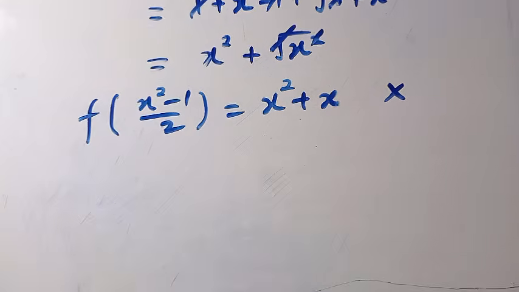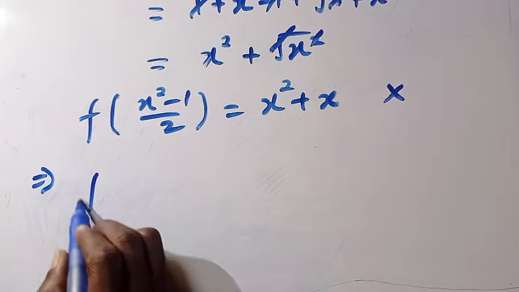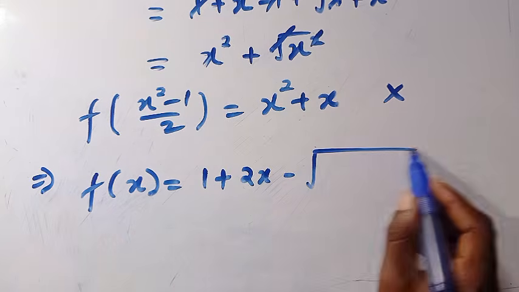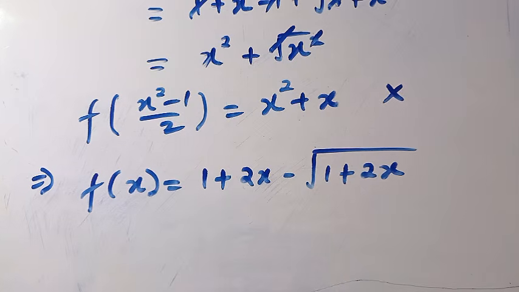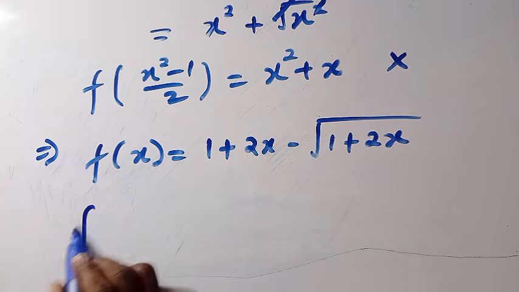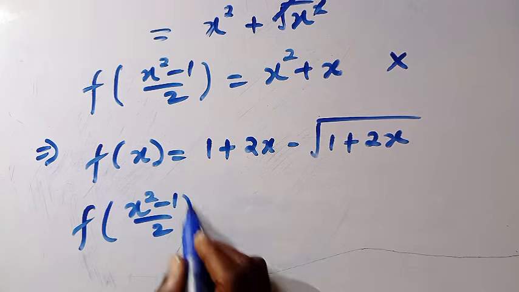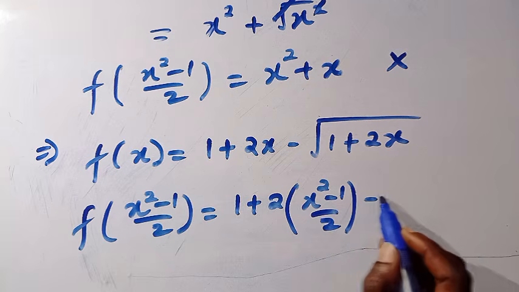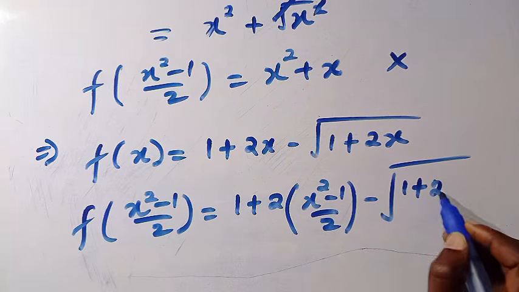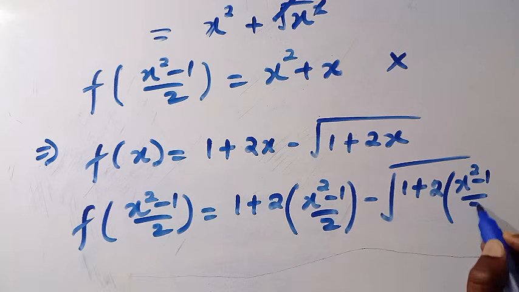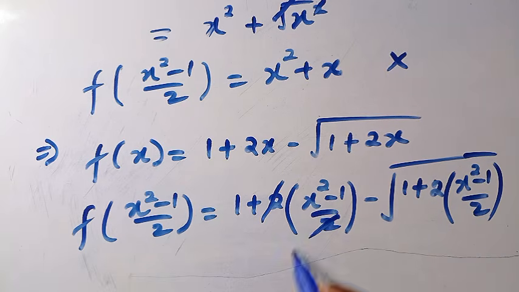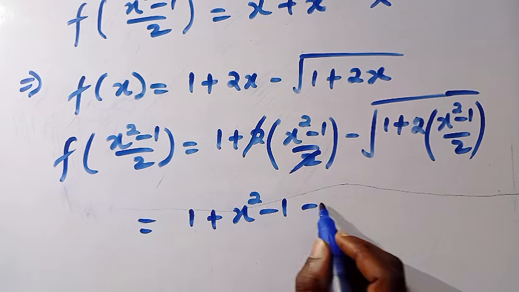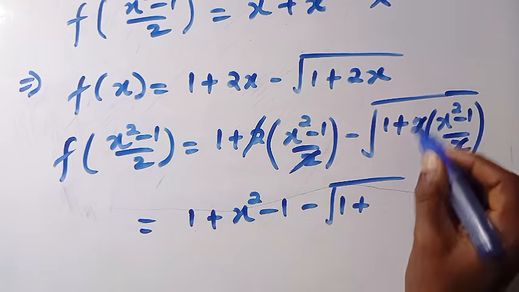And likewise, if we check for the second one, where we have f of x equals 1 plus 2x minus square root of 1 plus 2x, replacing x with (x squared minus 1)/2, we have 1 plus 2 into brackets of (x squared minus 1)/2 minus square root of 1 plus 2 into brackets of (x squared minus 1)/2. So 2 cancels 2, and we have 1 plus x squared minus 1 minus square root of 1 plus 2 also cancels 2 here.